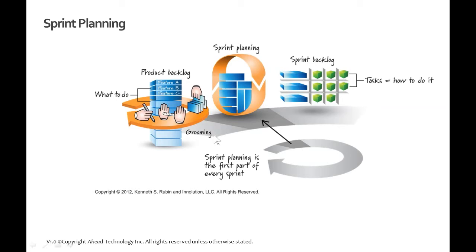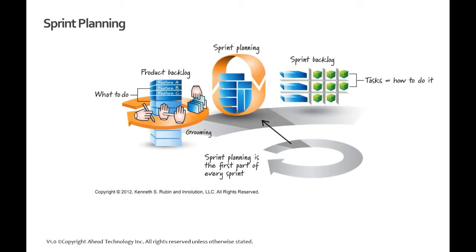Oftentimes, the development team, as part of their retrospective and even part of the sprint itself, will spend some time grooming, what we say, grooming the product backlog. That is reading through, making sure it's clear, working with the product owner if a user story isn't clear, or definition of done isn't clear. And once that work is done up front, you're ready for your main first sprint event, which is called sprint planning.